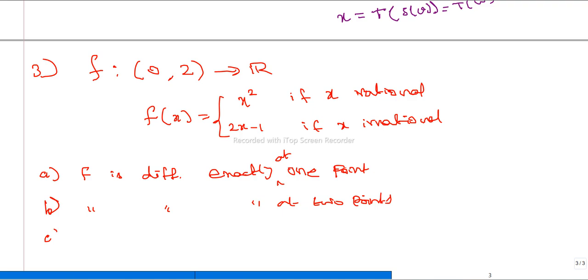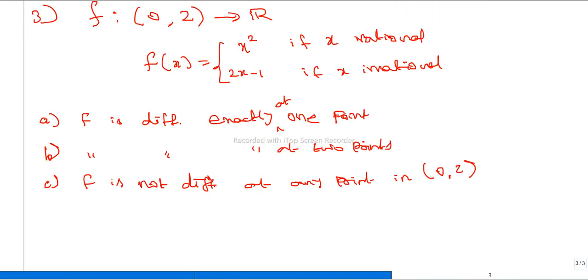The third option is f is not differentiable at any point in this interval (0, 2). And then f is differentiable at every point in this interval.